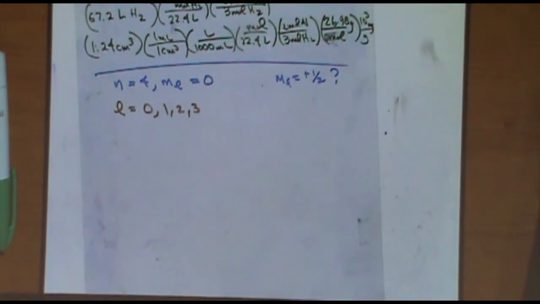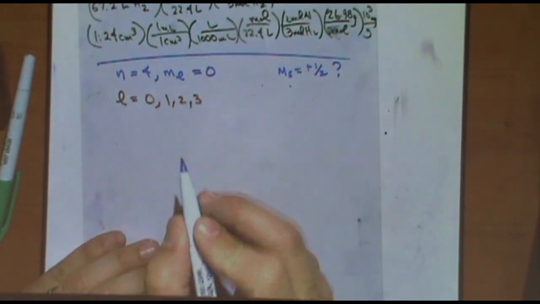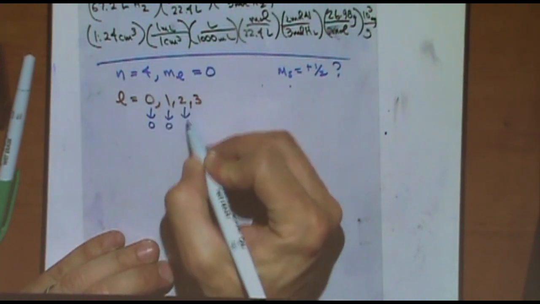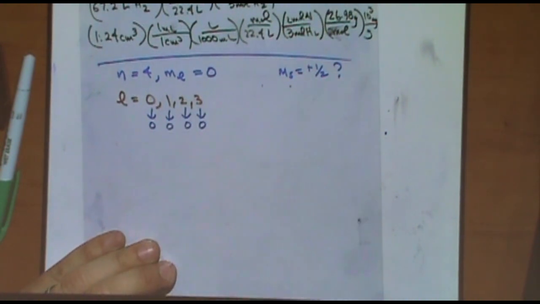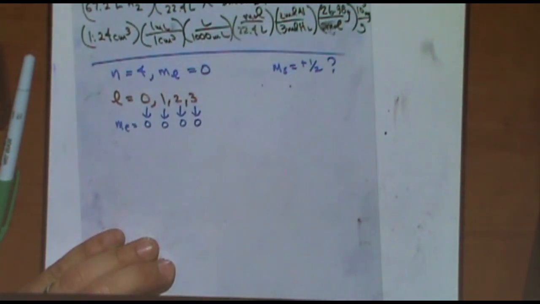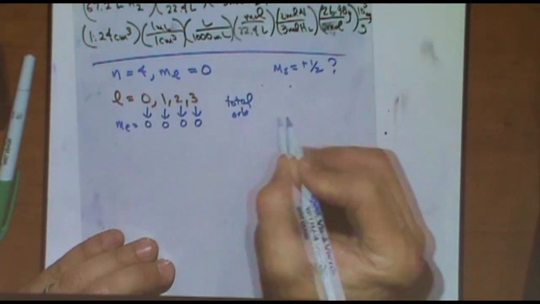So this one would give a 0, that one would give a 0, and so on. They would give more than that, but again, I'm restricted with the M sub L value equals 0.